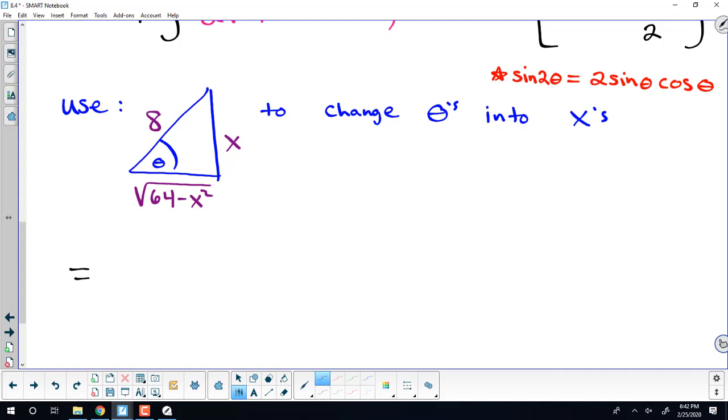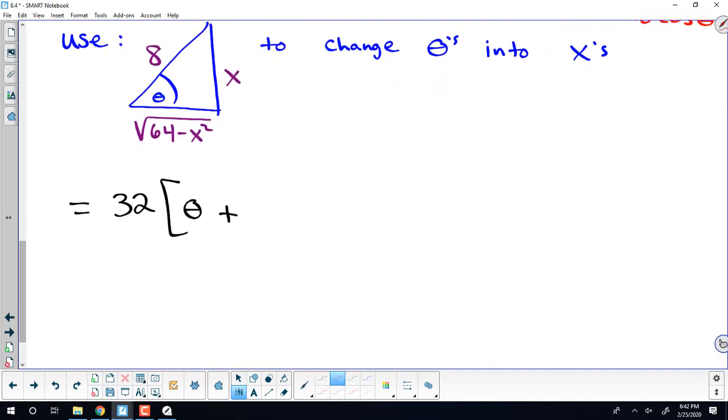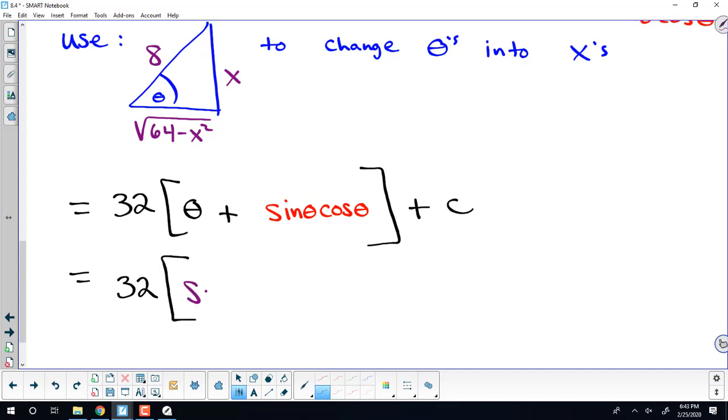So we have 32 times our theta plus, and then we've got sine 2 theta turning into 2 sine cosine. That'll divide that 1/2 right there. So we just have this sine cosine. Then we have plus c. All right, we've already talked about theta. Itself is inverse sine of x over 8. We have that there.